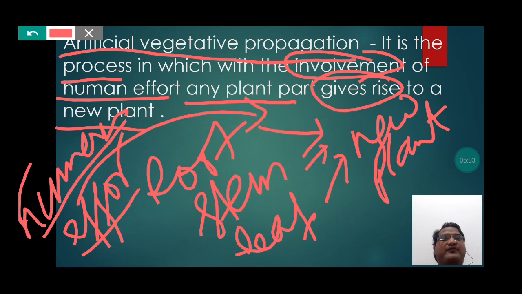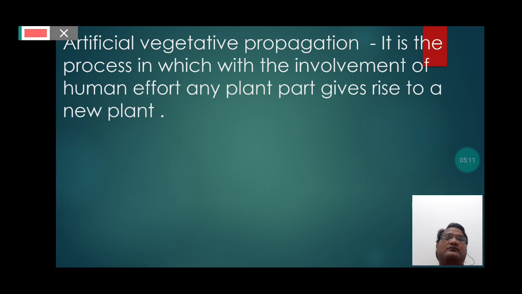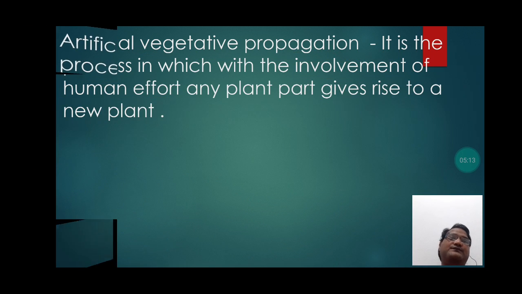So students, human effort will be required in this. That is why here the word artificial has been used.